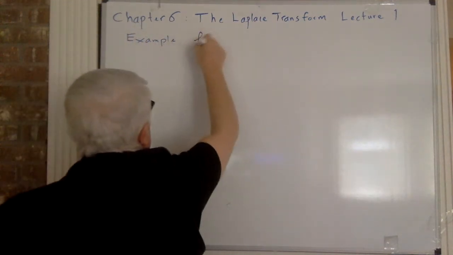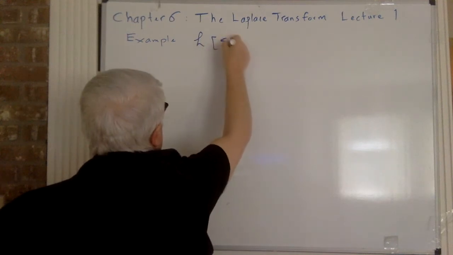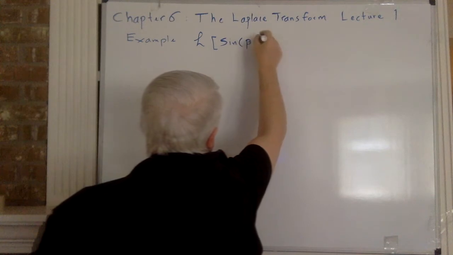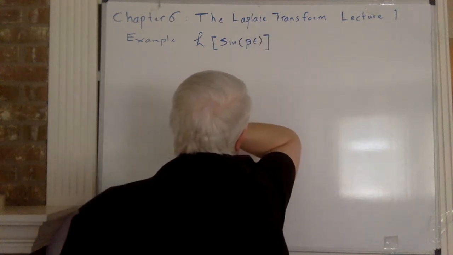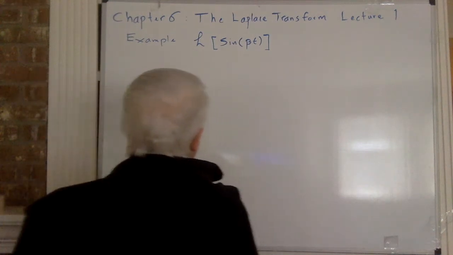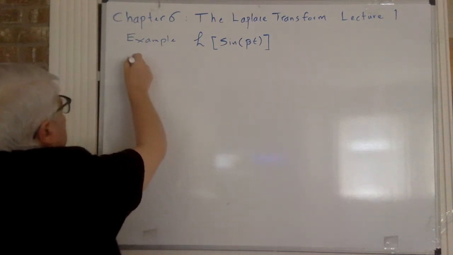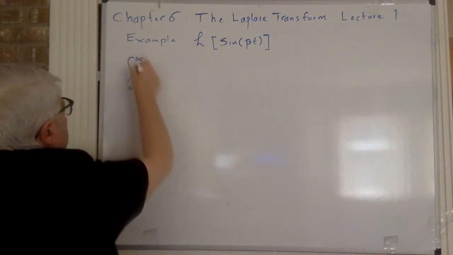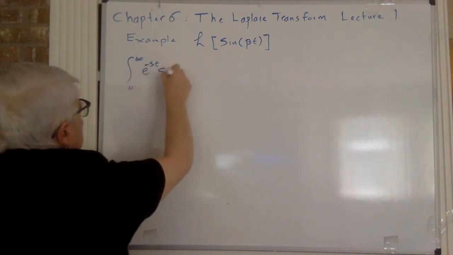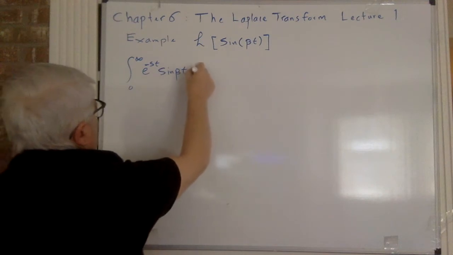Let's find the Laplace transform of sine beta t. Okay. So that is the integral from 0 to infinity of e to power minus st sine beta t dt.